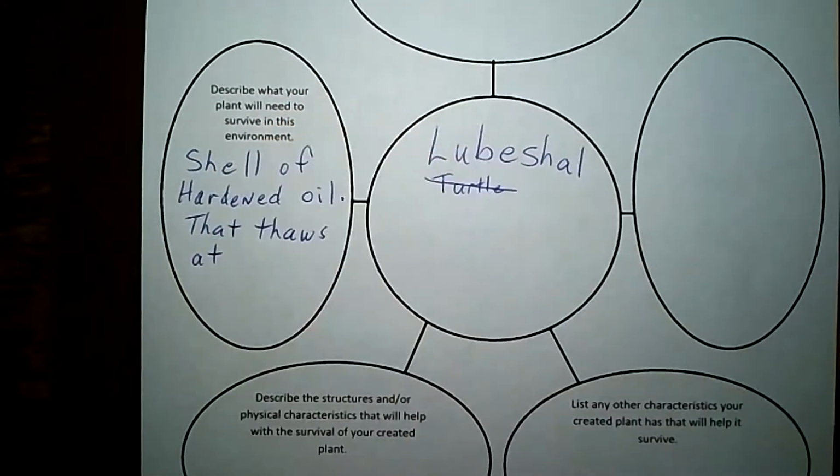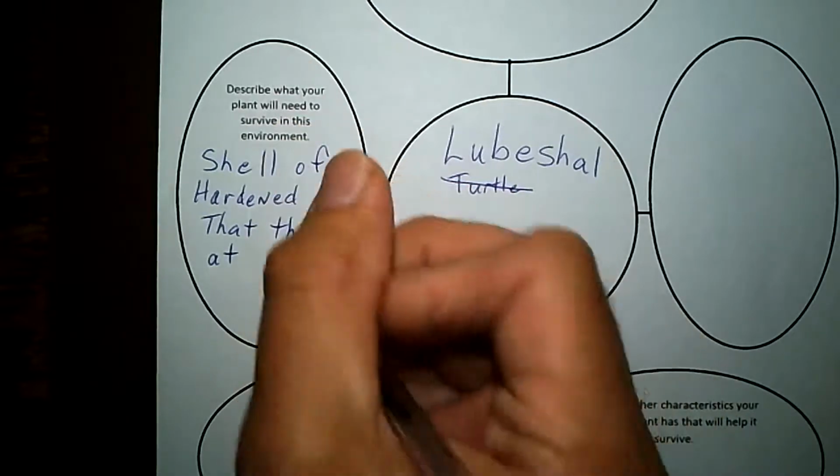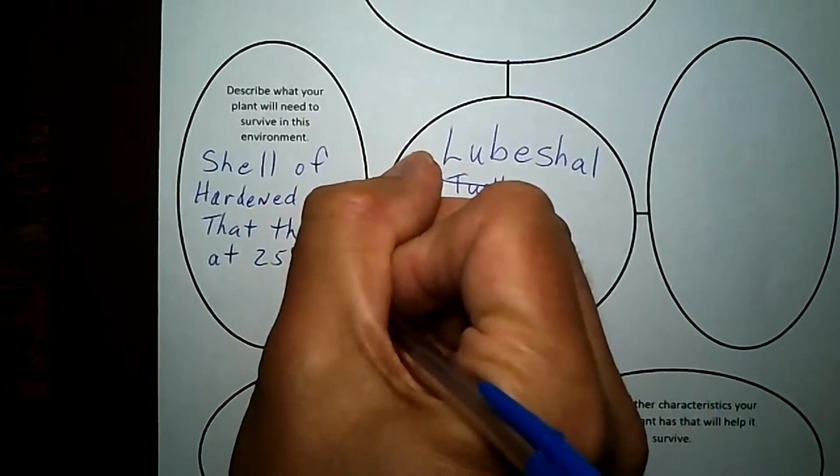at, I know water thaws at 32 degrees. And I don't know if I want this to thaw earlier than water or after the water. And why do I want it to thaw? Well, I'm thinking if the plant's seeds are starting to need to make other flowers, it's cold there a lot, but I would like it to thaw at 25 degrees Fahrenheit.